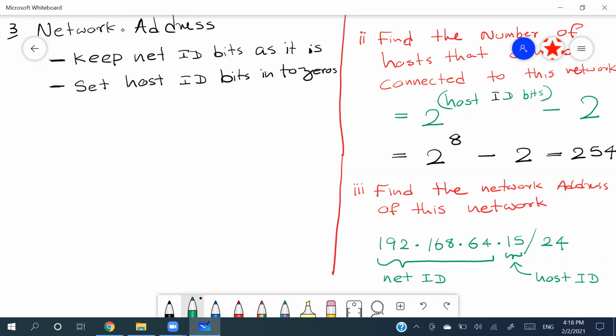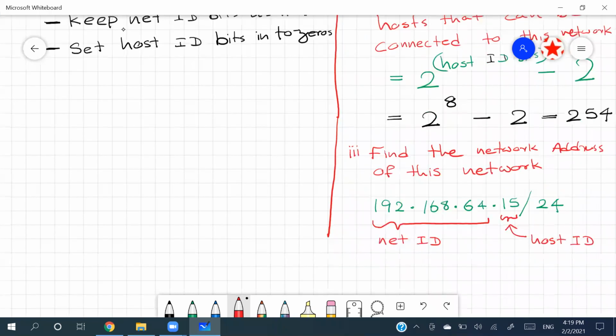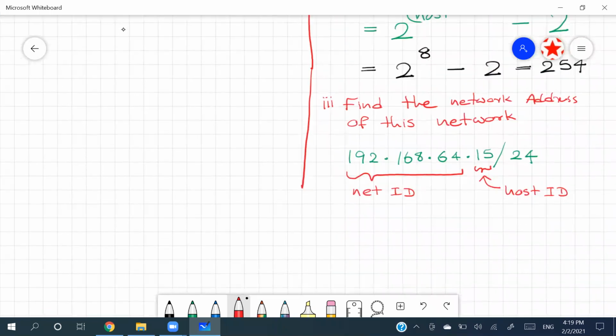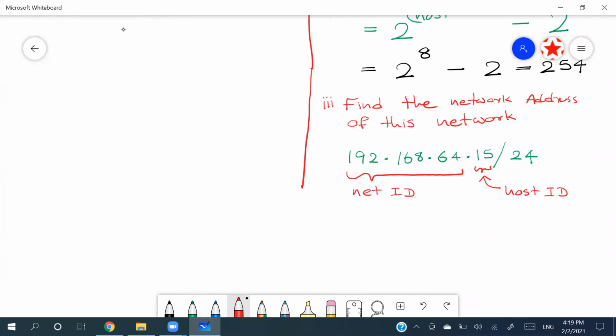Did you understand what I wrote? Right. Okay, so then we are going to apply the theory. Theory says to find the network address, keep the net ID bits as it is.